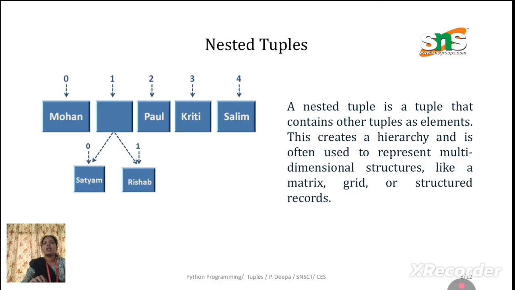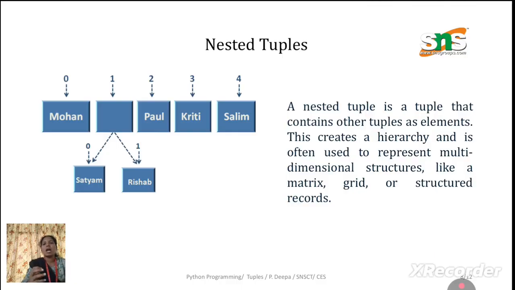So we can access it by the indexed value. The index starts from 0, up to the number of elements we have. Likewise, the nested tuple can be used as a grid or matrix value in the tuple sets.